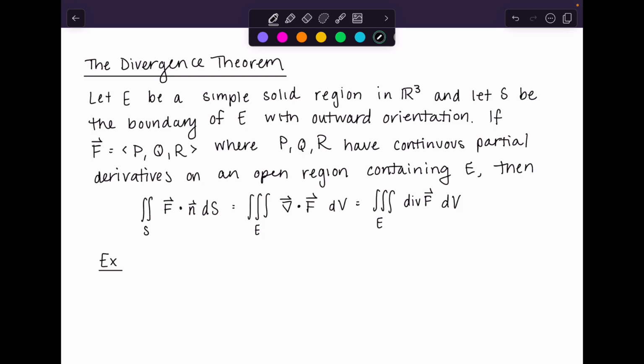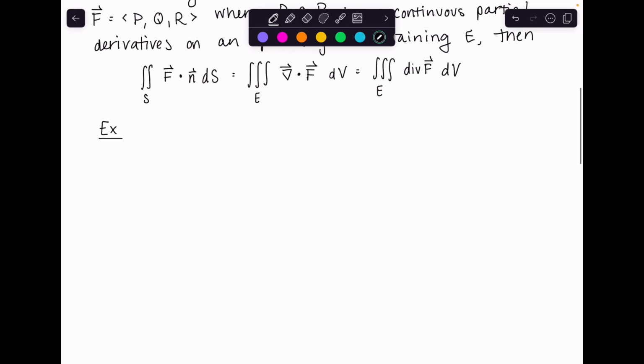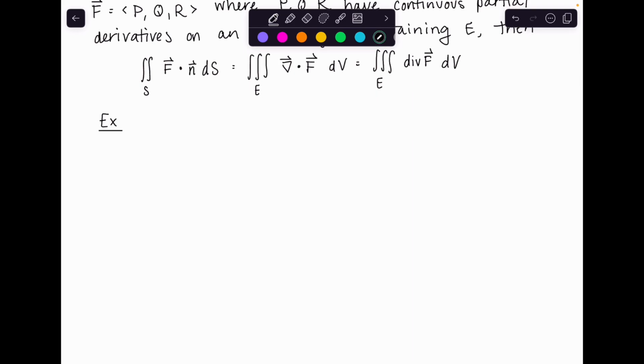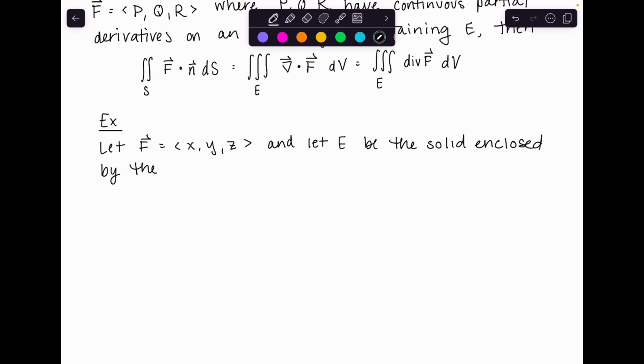Okay. So the example we're going to start with is we're going to let F be the vector field given by x, y, z. And we're going to let E be the solid enclosed by the sphere x squared plus y squared plus z squared equals 1.